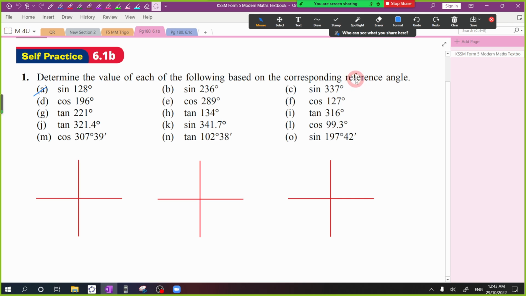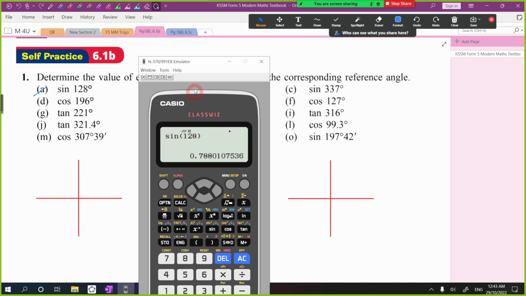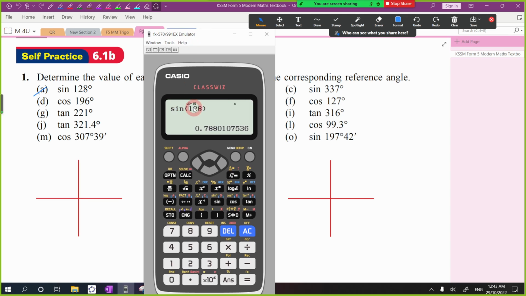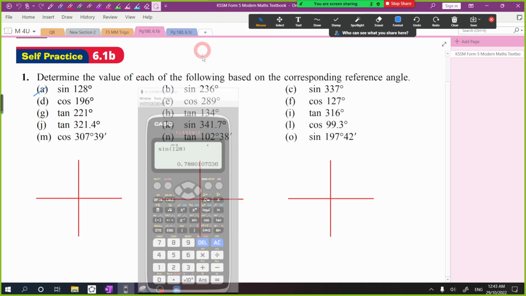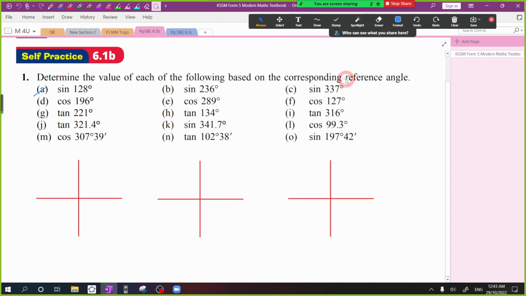You have to learn how to determine the corresponding reference angle first. If you just press your calculator and get the answer, you will have a hard time when you are going to learn the next part. So in this part, make sure you understand how to find the corresponding reference angle. Okay.